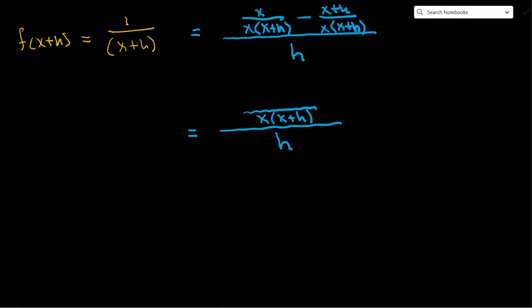However, when I subtract, I'm going to have x minus x. The x's will cancel out. Then I'm going to have minus h. Well, that's just going to give me a minus h in the numerator.